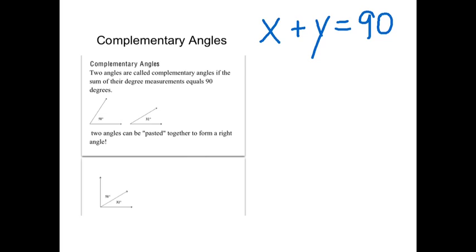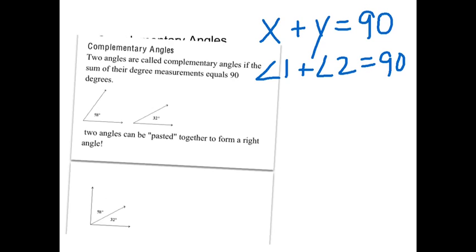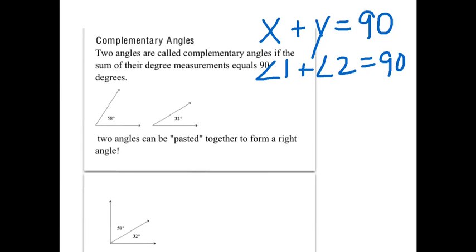Since we're talking about angles, we could have angle 1 plus angle 2 equals 90. They would be considered complementary. Look at the examples over here. We have one that's 58 degrees and one that's 32 degrees. If you were to add that up, 58 and 32, 0, carry the 1, 8, 90 degrees, right? So those would be considered complementary angles.